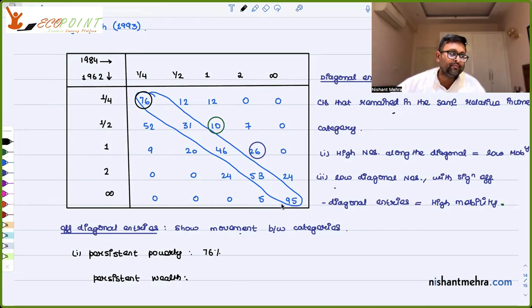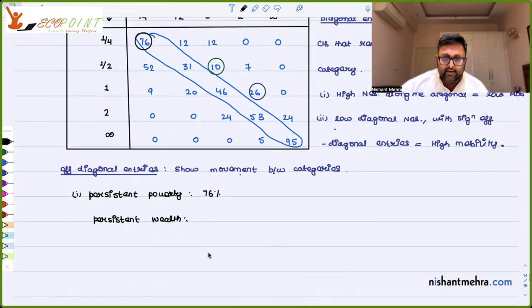They remain in that group. So 95% of the richest countries remain in the richest group. And 76% of the poorest countries remain in the poorest group only. You with me? So then please write about this. Write a complete line for this.